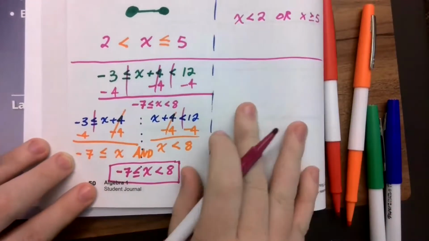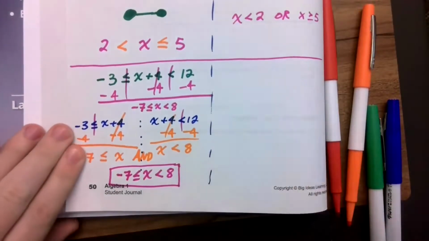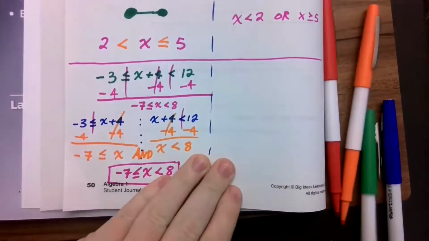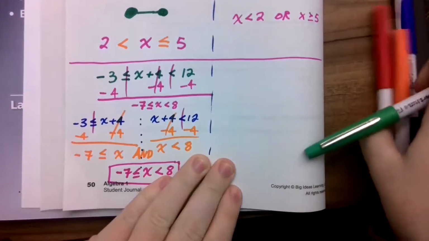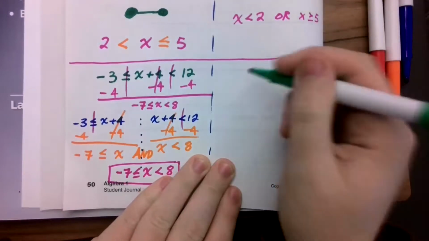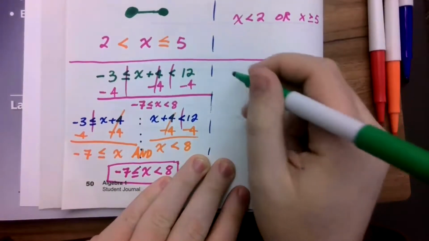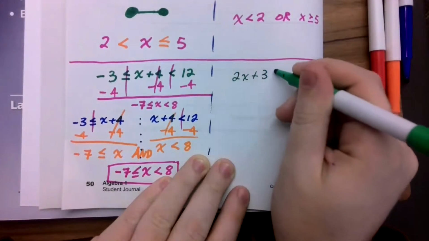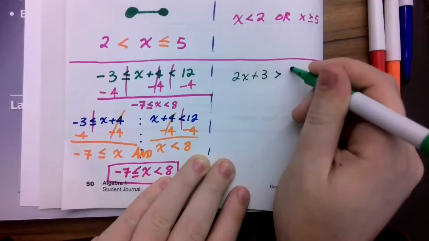Let's try one more, and let's make this one a multi-step. We know the multi-steps can be a little bit crazy. Let's say we had the following OR statement this time. Let's say that I knew 2x + 3 > 5.